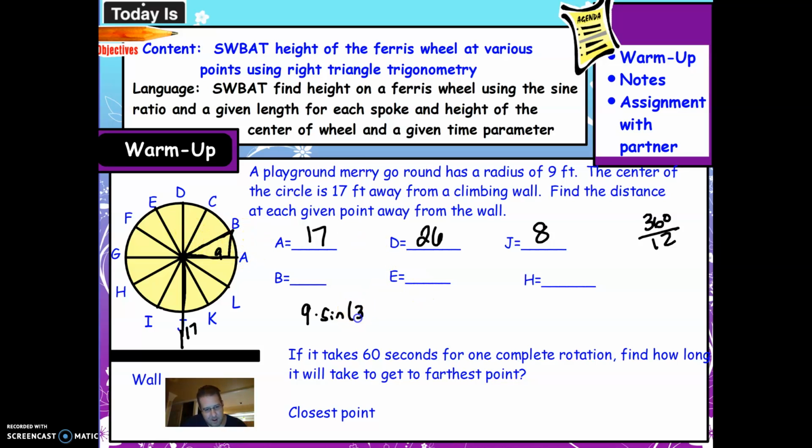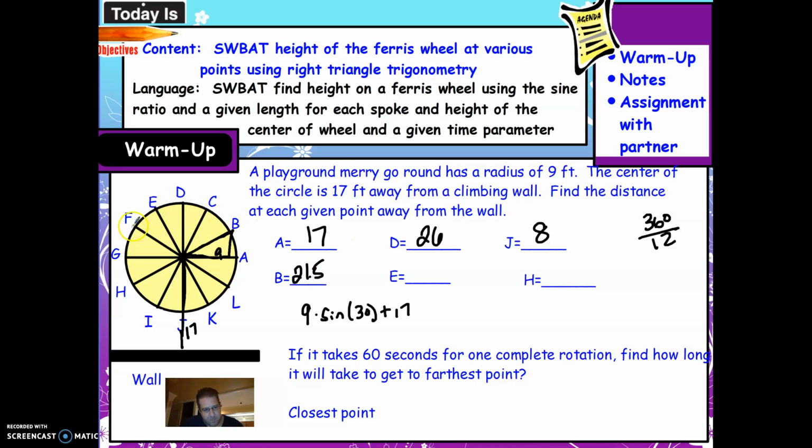So that's sine of 30 plus the center height, which was 17. 9 times sine of 30, in parentheses, plus 17, and you get 21.5.